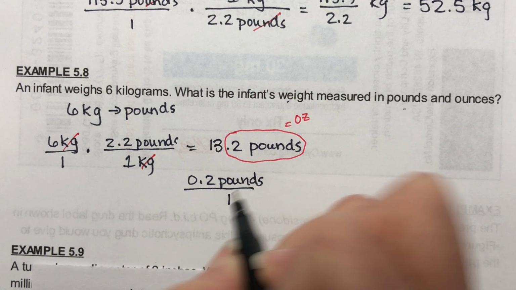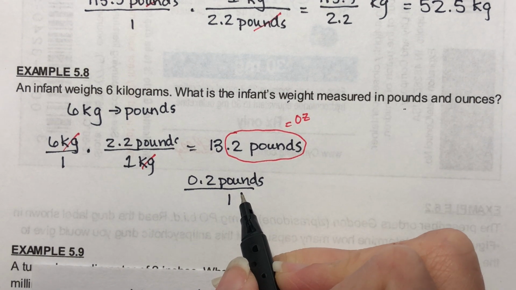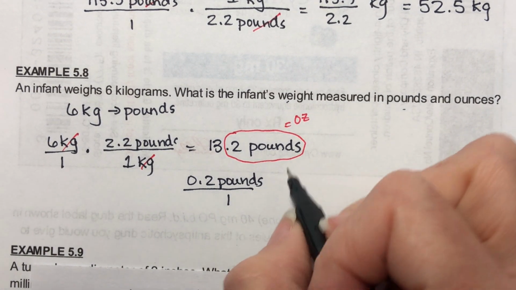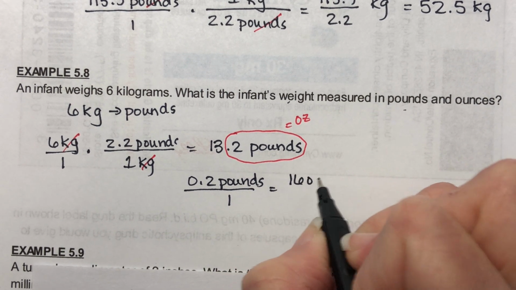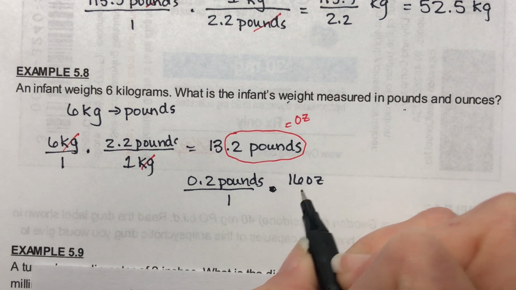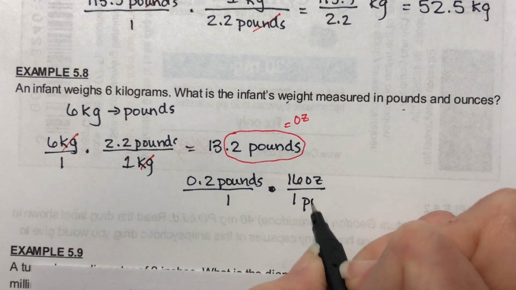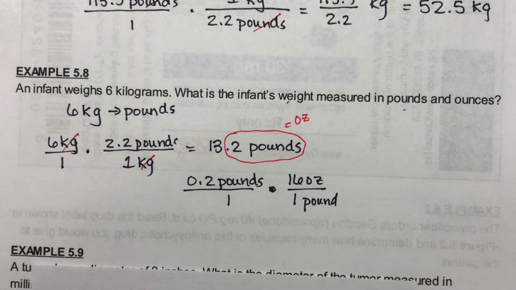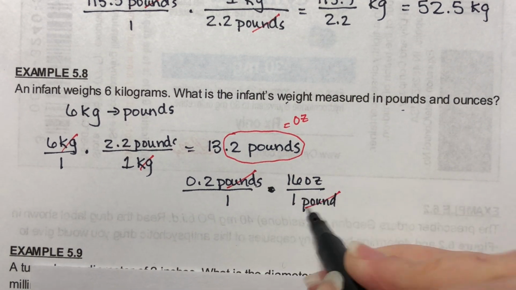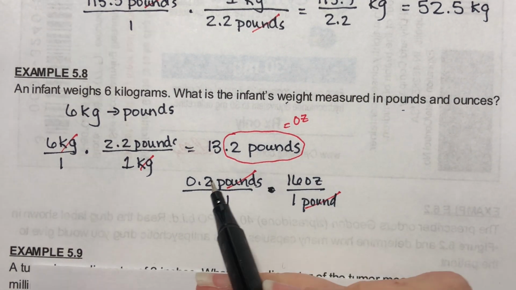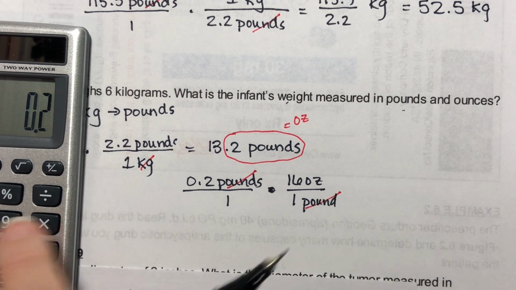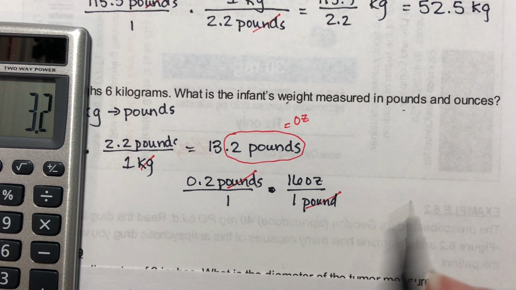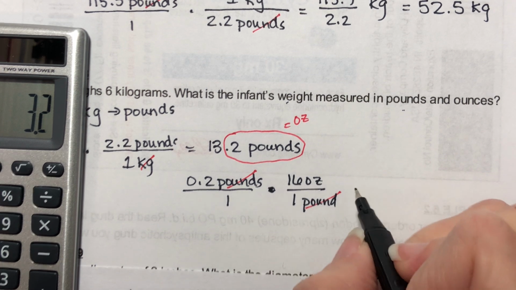and I want to convert this into ounces. Now this is a weight, so we use the 16 ounces is 1 pound. That should be times, sorry, 16 ounces into 1 pound. So that pounds cancels out and I end up with 0.2 times 16, which gives me 3.2.